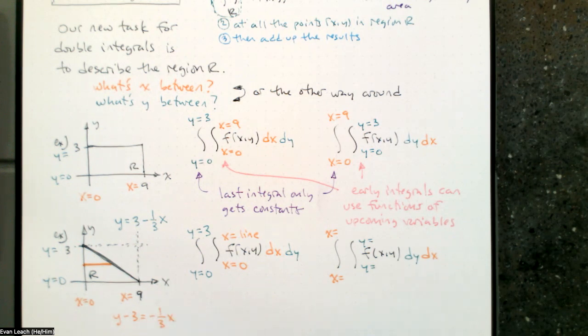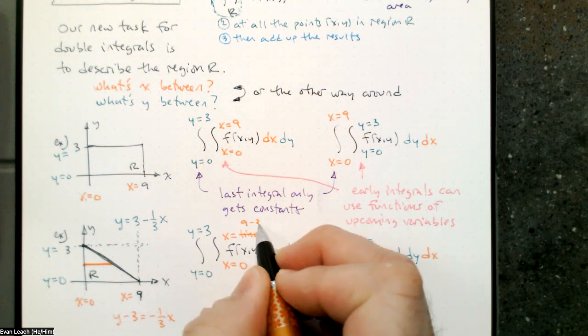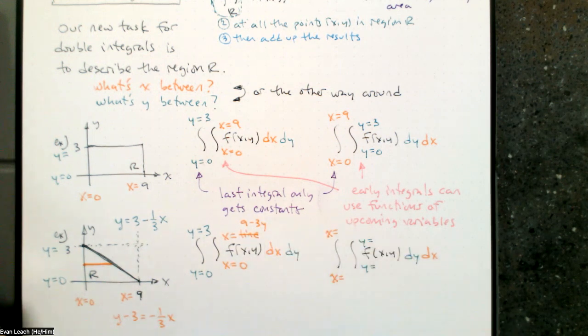And then I'll multiply by -3. So x will go from 0 to the line, which described in terms of y is 9 minus 3y. And y goes from 0 to 3. The last integral has to be constants.